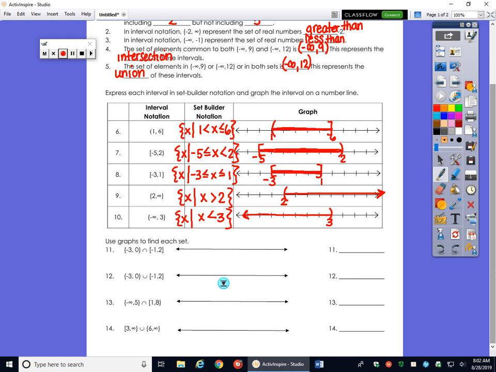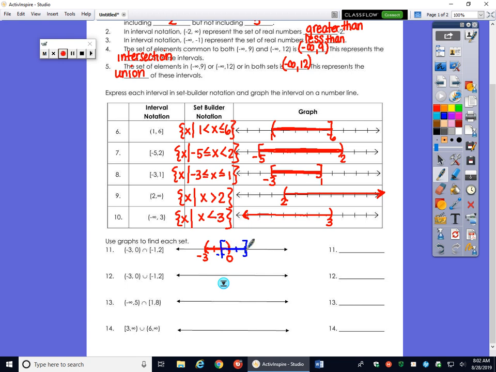So on this particular one, we want to go from negative 3. So we're going to make that negative 3 and this 0. And we want to go from negative 3 to 0, so that's here. But then we also want an intersection with negative 1 to 2 with the bracket, excuse me.